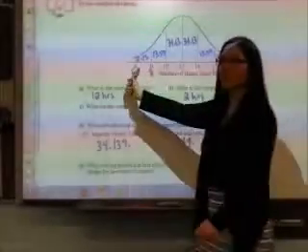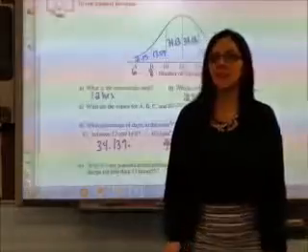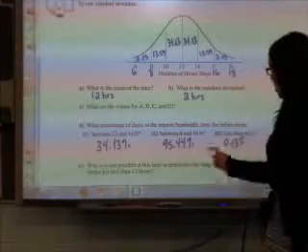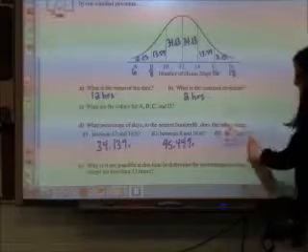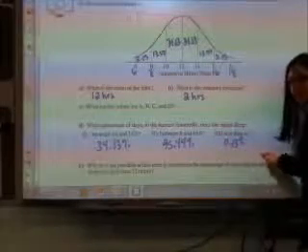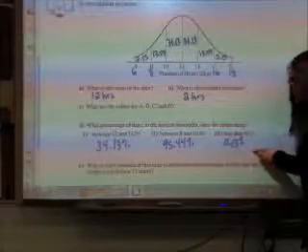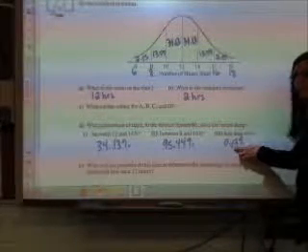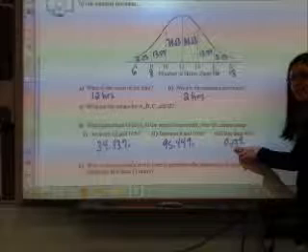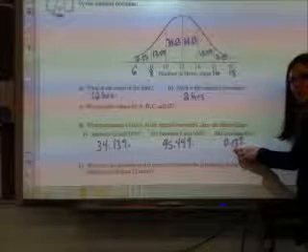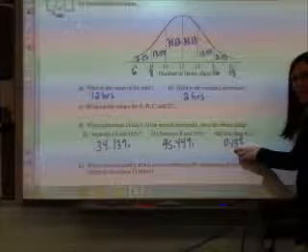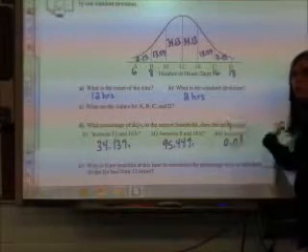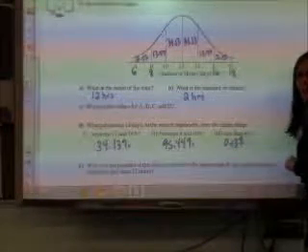So if I have a baby that's sleeping less than 6 hours a day, should I be concerned? Yeah, because according to the statistics, less than 1% of babies sleep for less than 6 hours. So if only like 0.1% of babies sleep for less than 6 hours, and I have a baby that's sleeping for only 4 hours a day, I definitely should be concerned, because babies aren't supposed to sleep just 4 hours a day.